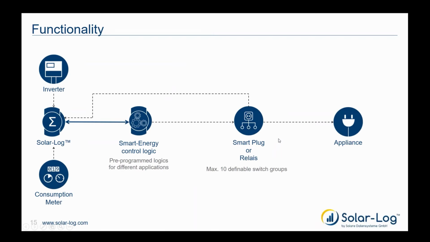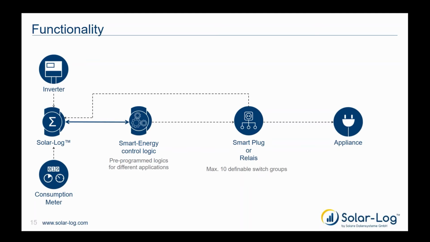First I'm going to talk again about the functionality, just to refresh it. The Solar-Log is the central device, so it collects the data from the inverters and from the meters, and even from meters working in generator mode. This is also possible.